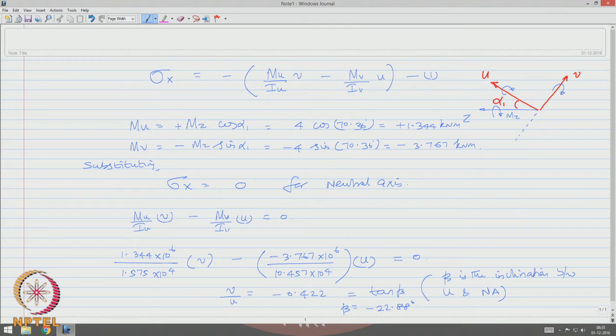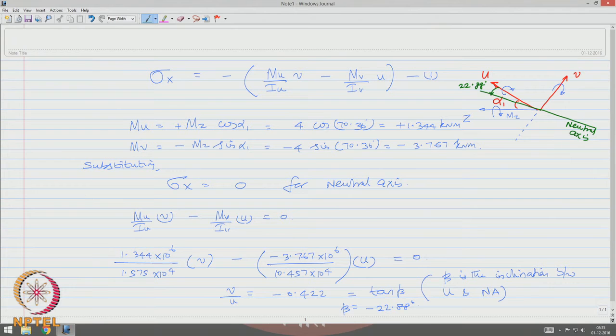So, try to plot this. The neutral axis now is going to be minus. So, that is the neutral axis, and minus, therefore, we plot this angle as 22.88 degrees.